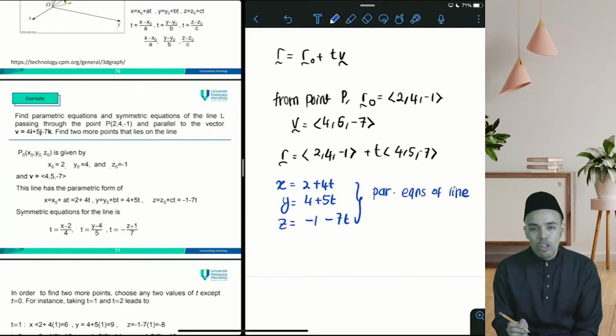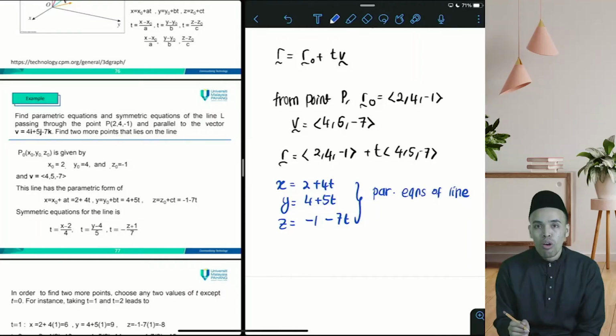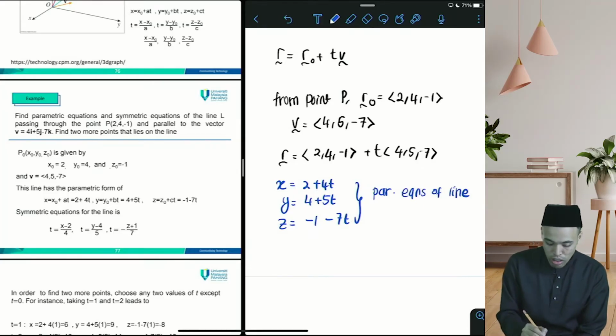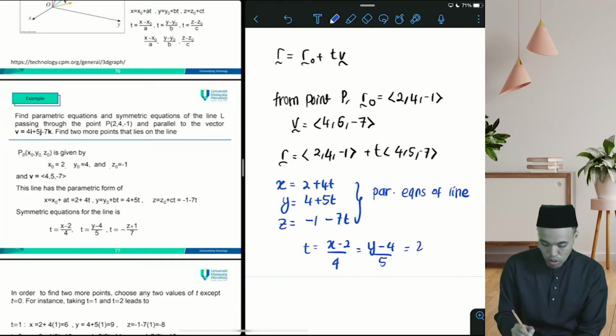And then, you have to search for the symmetric equation of a line. The symmetric equation of a line can be obtained by letting t be the subject of your equation. Therefore, t is equal to (x minus 2) divided by 4, and (y minus 4) divided by 5, and also (z plus 1) divided by -7. So, this is the symmetric equation of the line.